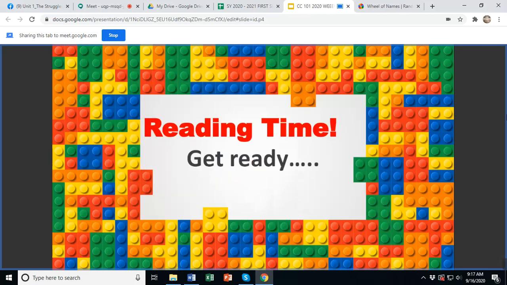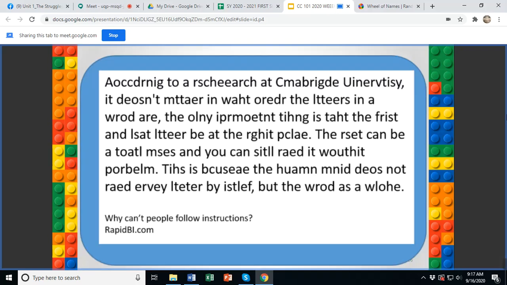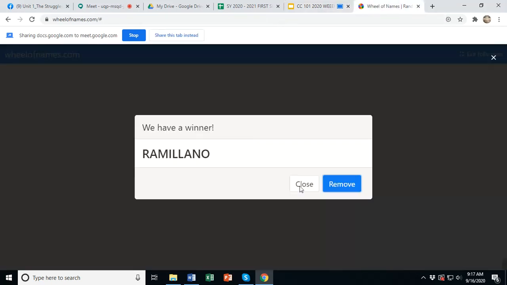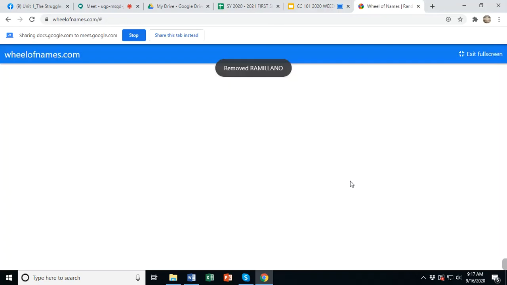Now, reading time. For this one, I'll call a name and then I will challenge that person to read this passage. No screen sharing, just the wheel and the PowerPoint.